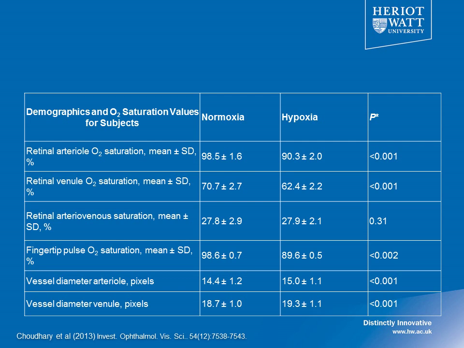Using fingertip pulse oxygen saturation, we saw the same effect, so the direction using pulse oximetry is the same as using retinal oximetry. But the thing I want to emphasise here is that not only did we see a change in O2 saturation, but we also see that the arteriolar diameter increases under conditions of hypoxia.